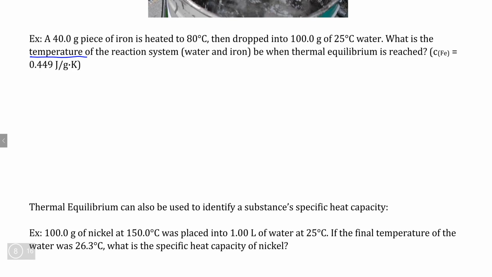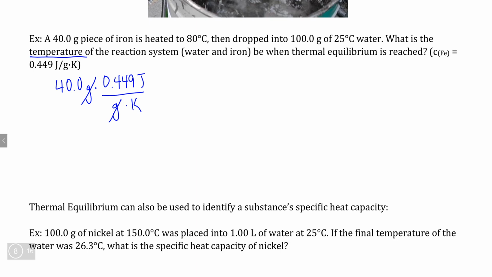So if we set up iron on this side, we start with the mass of iron, which is, in this case, 40 grams, which we multiply by the specific heat capacity of iron, 0.449 joules per gram per degree Kelvin, and we can see that grams cancel here.